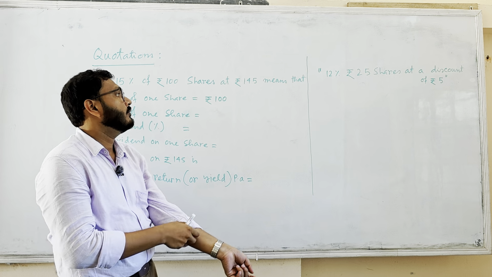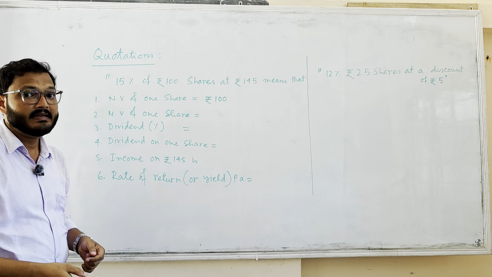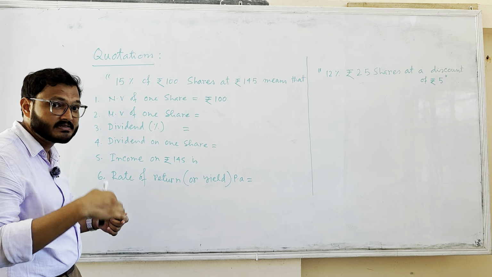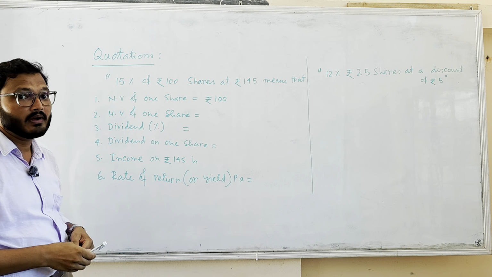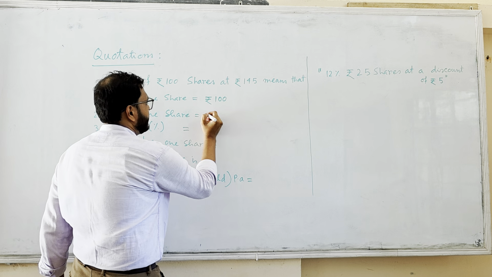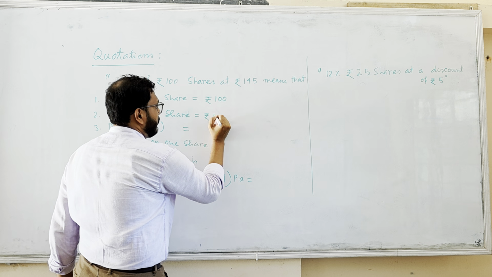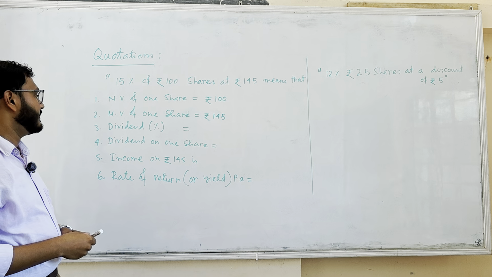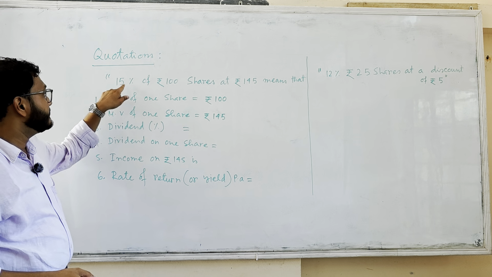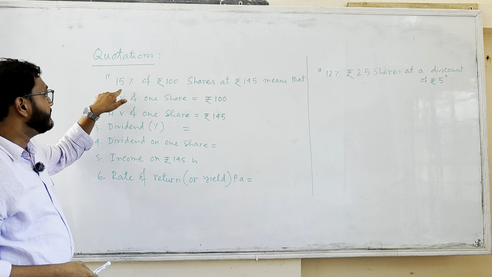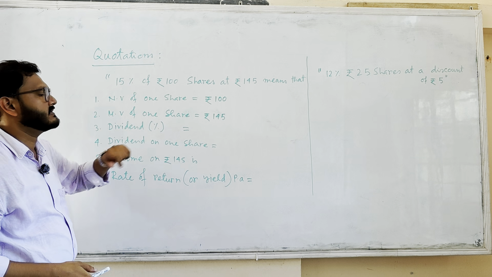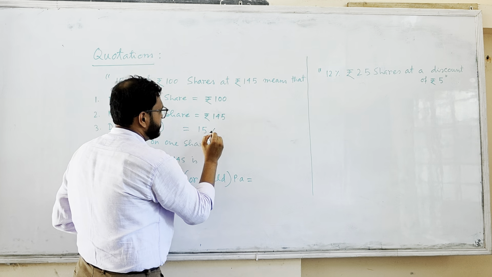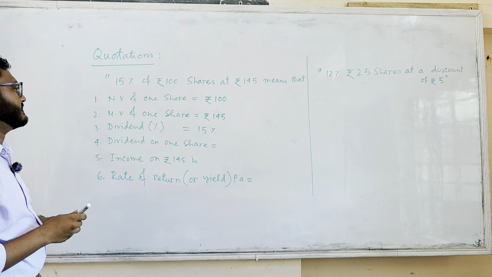At rupees 145 means the market price, the price at which we purchase the share is rupees 145. So this is the market value. And what is this 15%? 15% means the dividend percentage. So the dividend percentage is 15%.